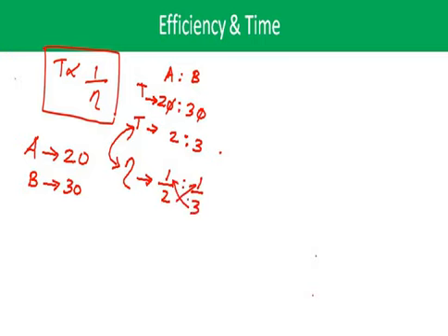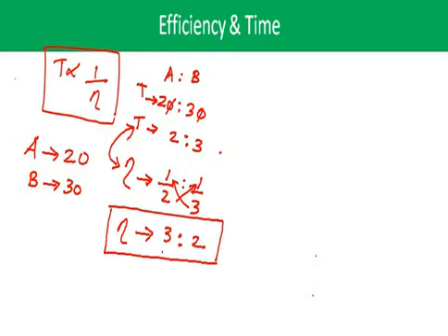Now, cross multiplying, what is going to be the efficiency ratio between A and B? It is 3:2. What does this efficiency ratio tell us? The person A will be completing 3 units per day and the person B will be completing 2 units per day, right?